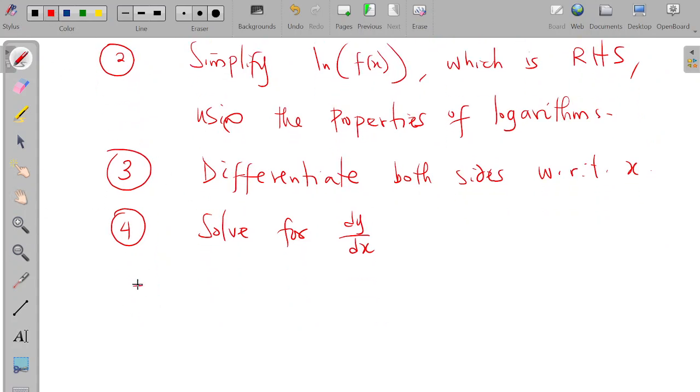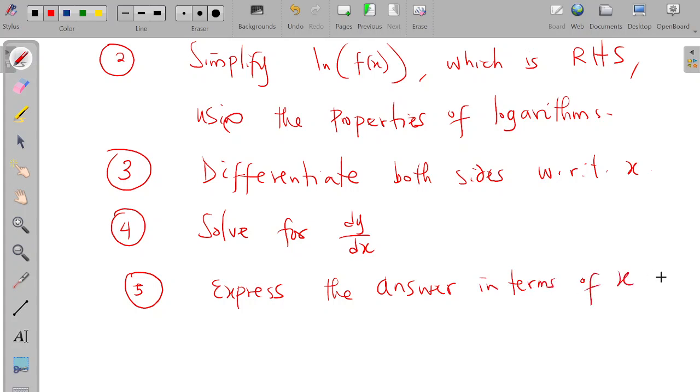And then number 5, you express the answer in terms of x only.